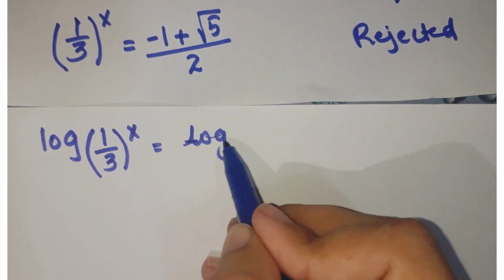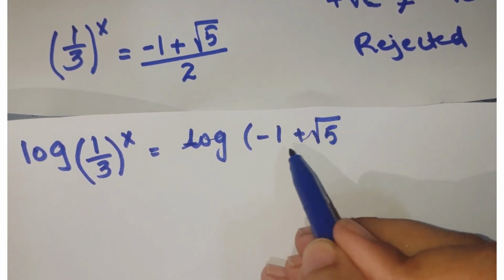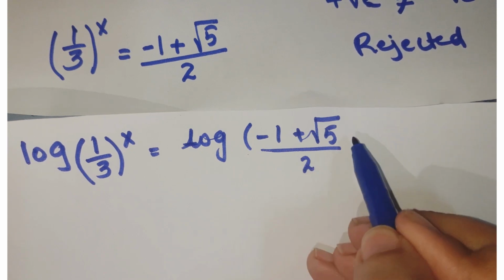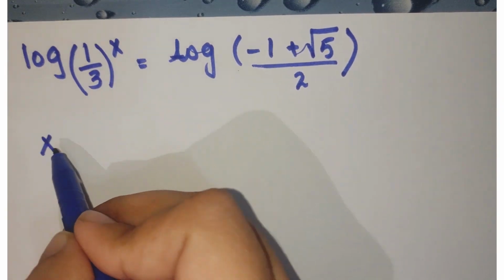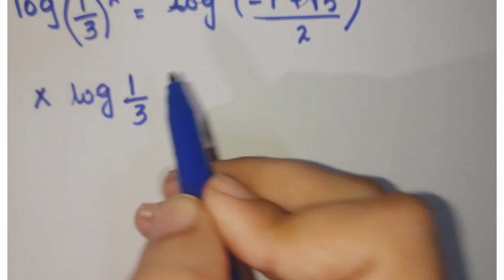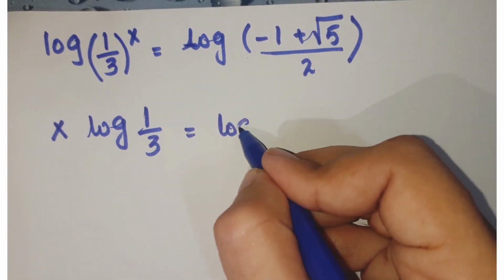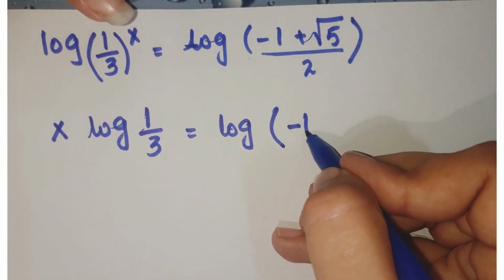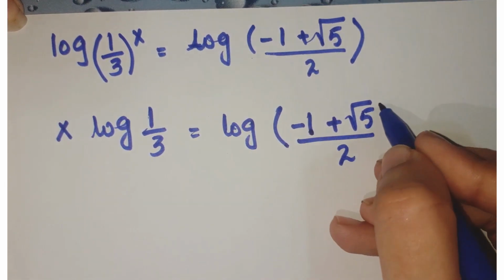This is equal to log of minus 1 plus under root 5 upon 2, right? Further, you can write it as x log of 1 upon 3 is equal to log of minus 1 plus under root 5 upon 2.